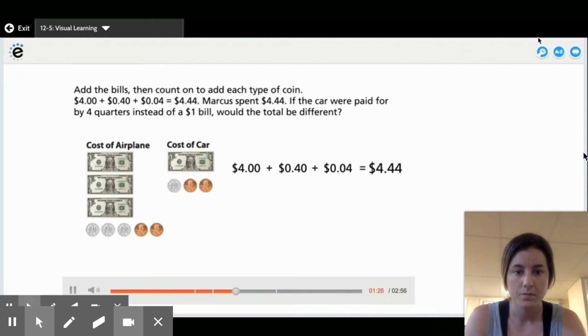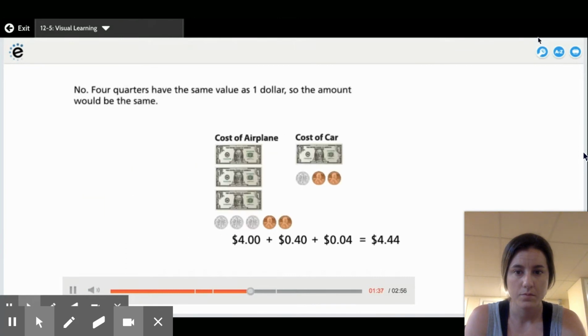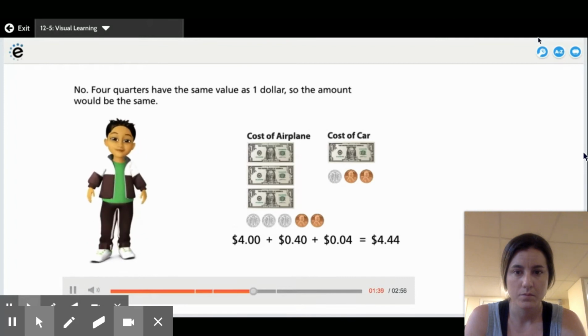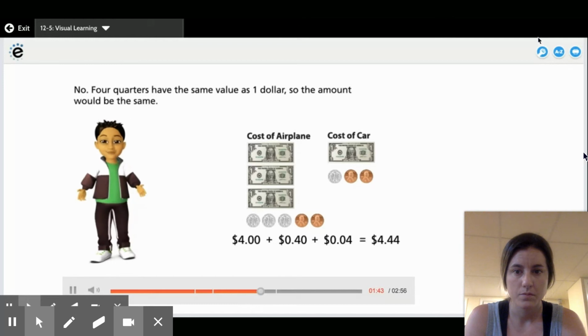Marcus spent $4.44. If the car were paid for by 4 quarters instead of a $1 bill, would the total be different? No, 4 quarters have the same value as $1, so the amount would be the same. There are many combinations of bills and dollars that can be used.